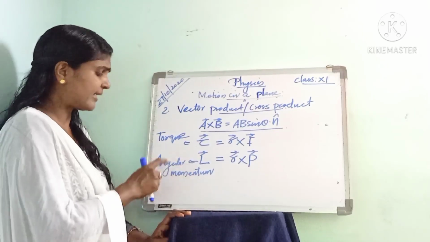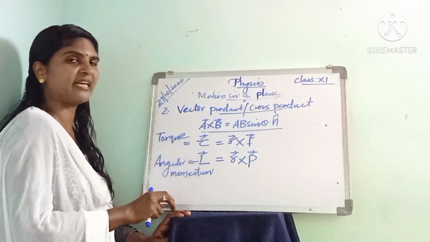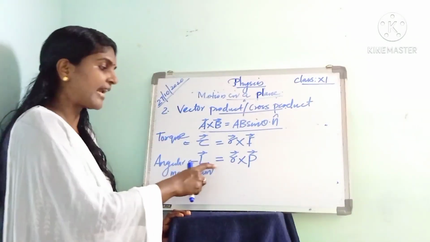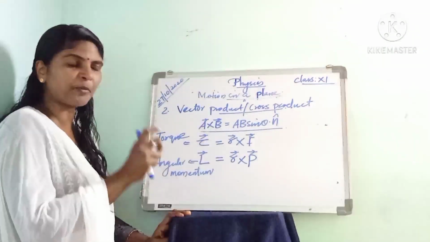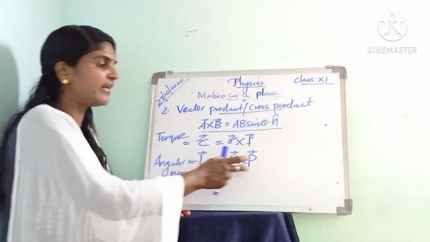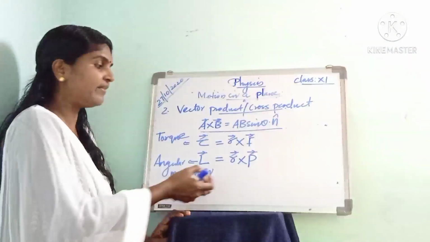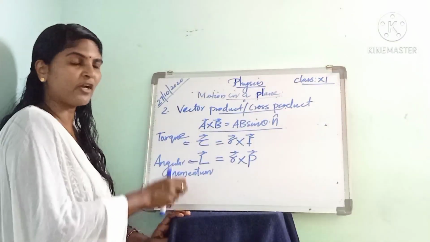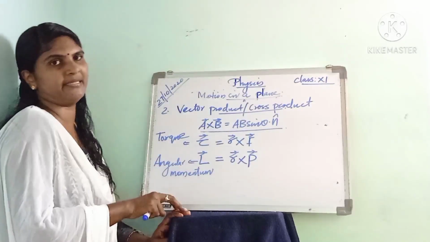Next example is angular momentum. Here L represents the angular momentum, which can be represented as the cross product of position vector and the linear momentum. Linear momentum you know. But when we come to rotational motion, instead of linear momentum, we call that momentum angular momentum.